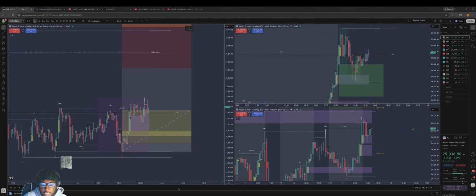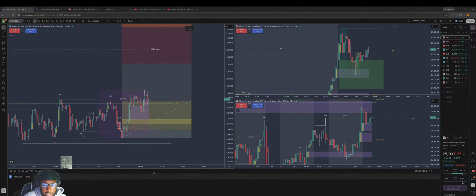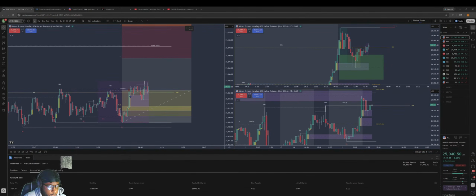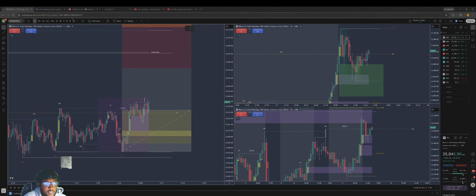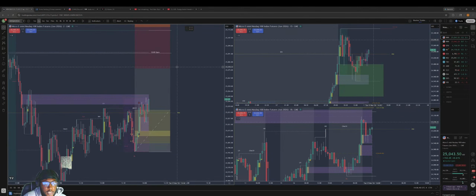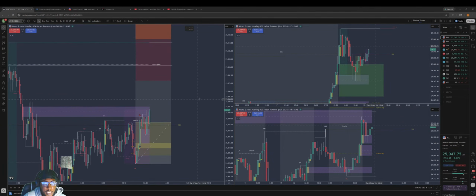But yeah, let's see. Matter of fact, let's check out that trade. That trade was 5 contracts, so I'm down 187. Let's see if we can get something else, because if this gets above this level, we might be able to take a long from here.